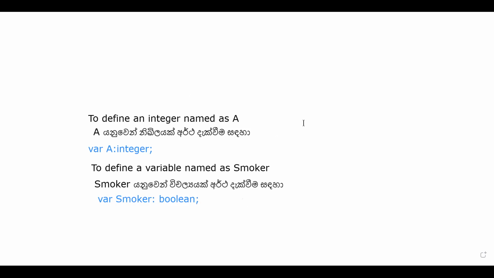Why Boolean? When you ask whether you are a smoker or not, you have two answers, either yes or no. Then when you have two values, better you select Boolean as a variable type. I have seen that you have selected string as well. Yes, you can, but then it will take more space than Boolean.